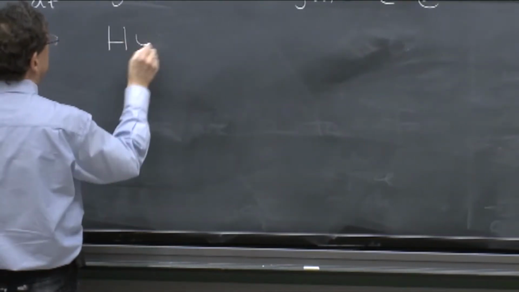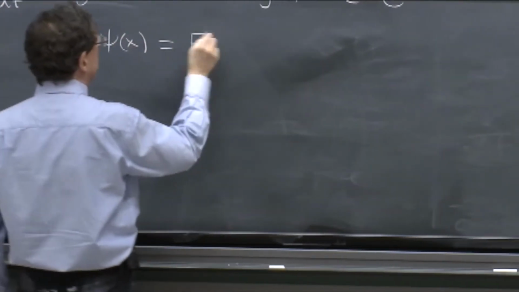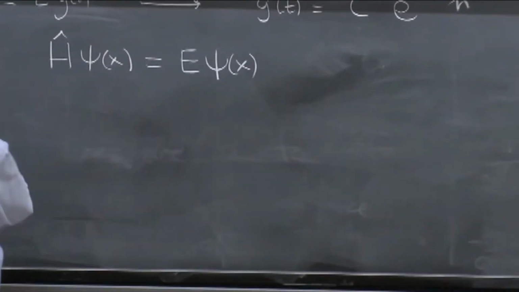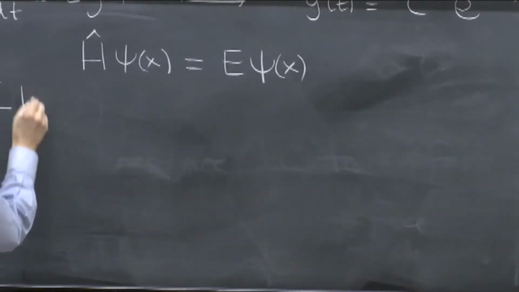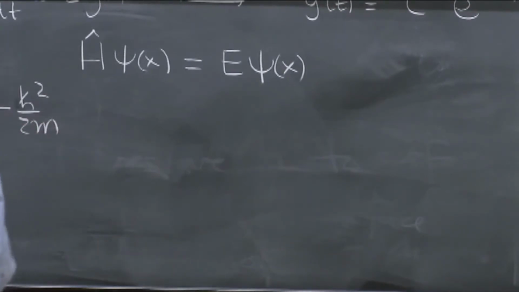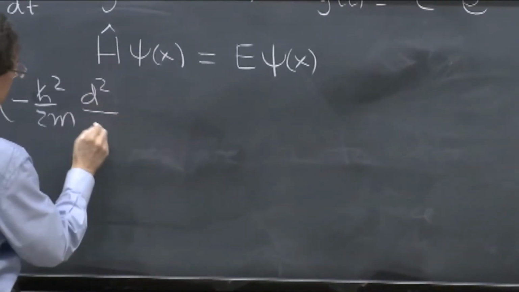What about the other equation? The other equation has become H psi of x equal to E psi of x. Or, we should write at least once, minus h bar squared over 2m, d second dx squared.